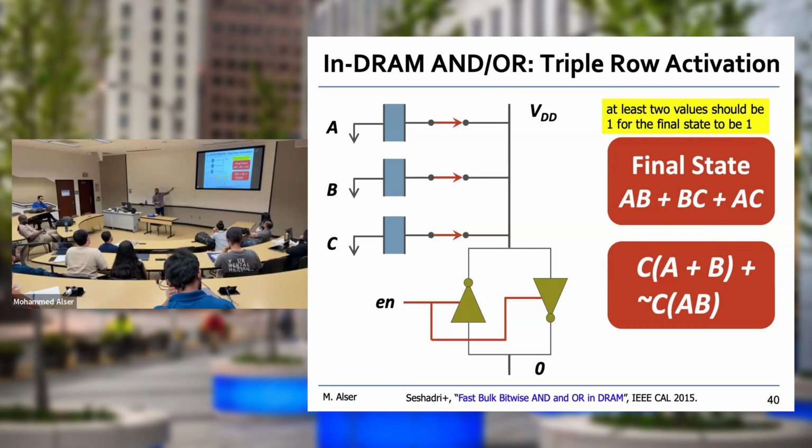So in fact, it's doing an AND operation, right? Now if I want to do an OR operation, what should I do? C as 1, right? I'm canceling the AND operation and activating the OR operation, and by doing so, I'm doing bitwise AND or bitwise OR operation for the entire DRAM row.